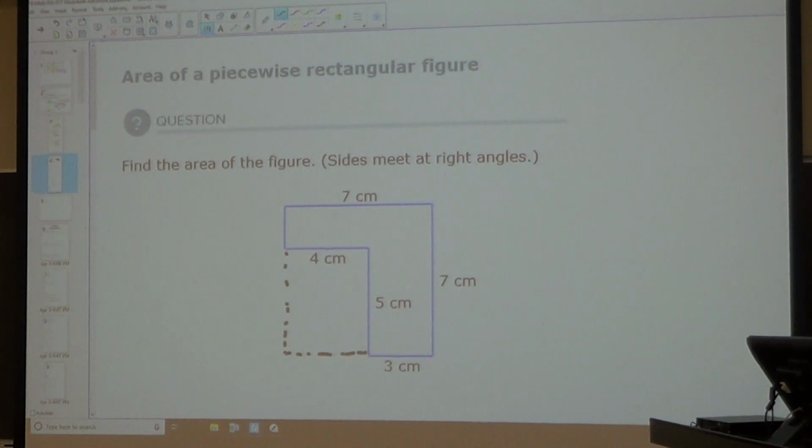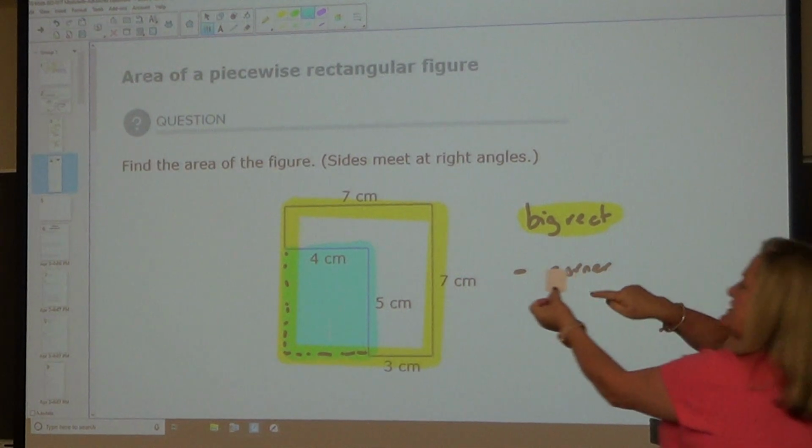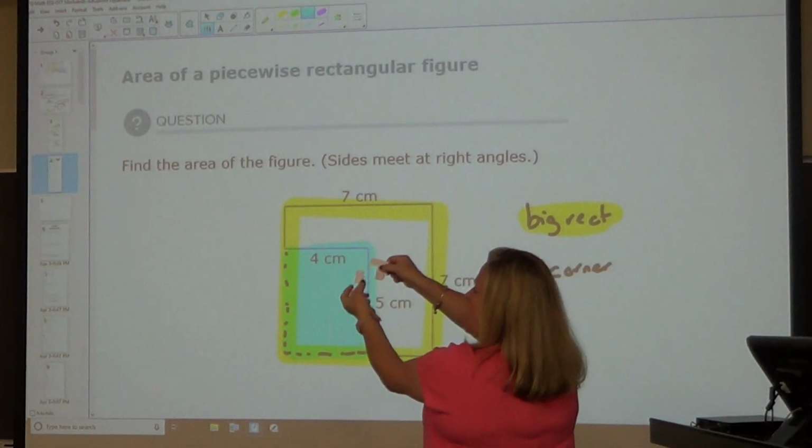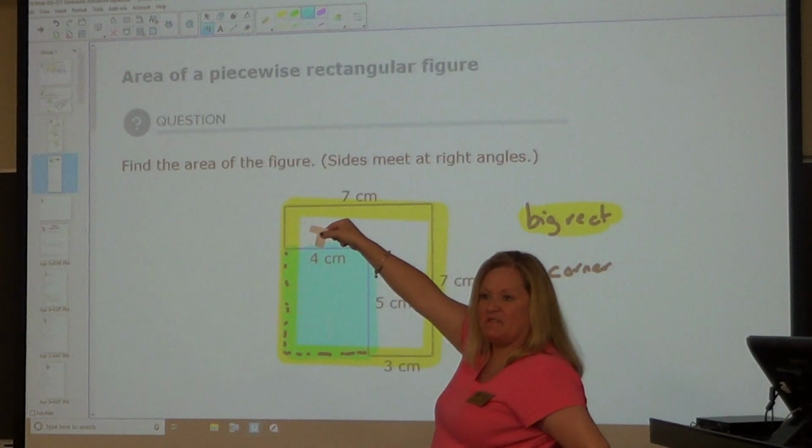So I do the big rectangle minus the corner. So my big rectangle is going to be this shape. The corner is the piece that I'm cutting off. So the big rectangle is the whole shape, and this is the piece that I'm taking away.